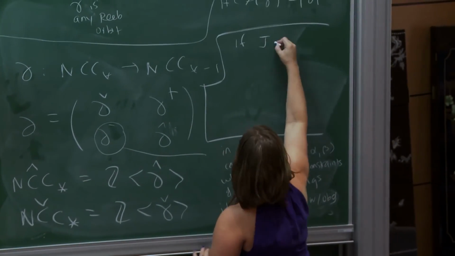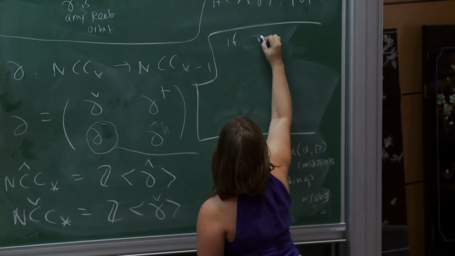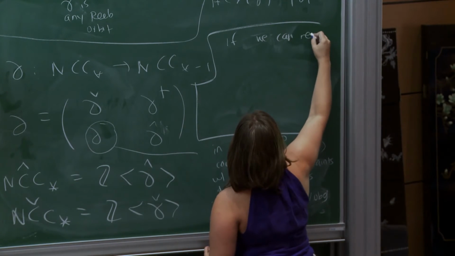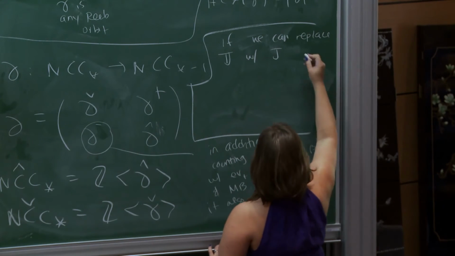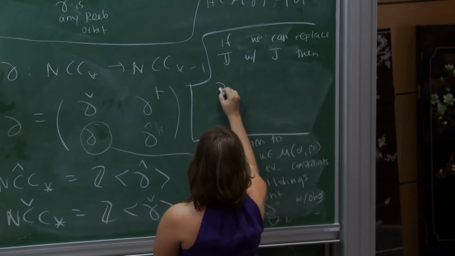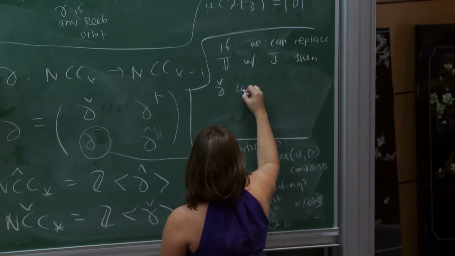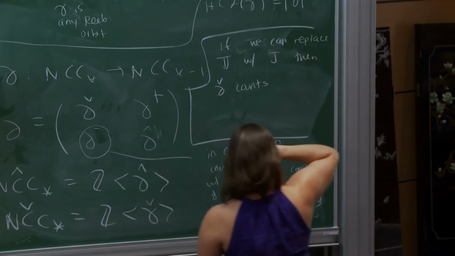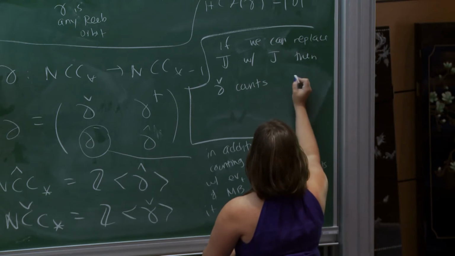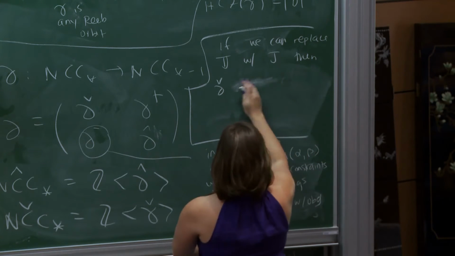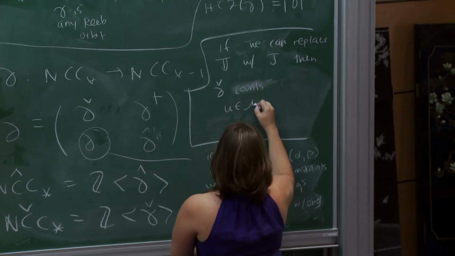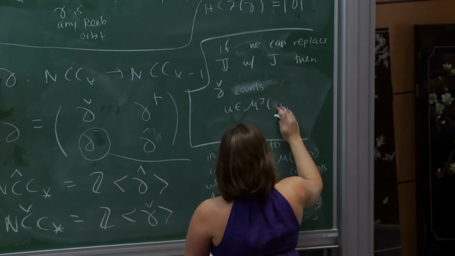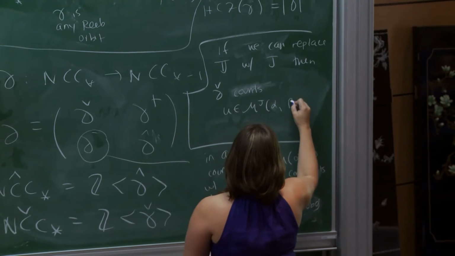if we can replace J with a single J, then D check counts U in M, J, alpha, beta.